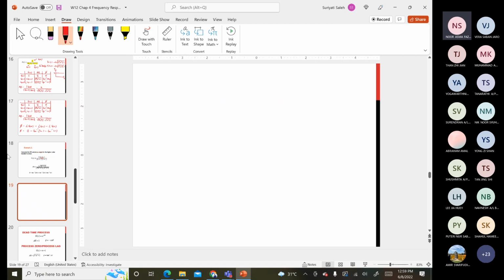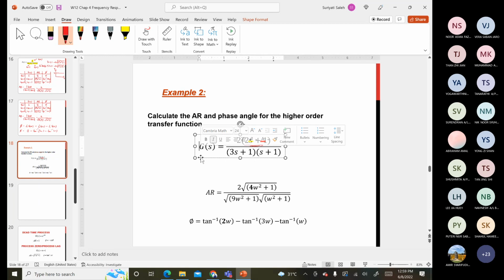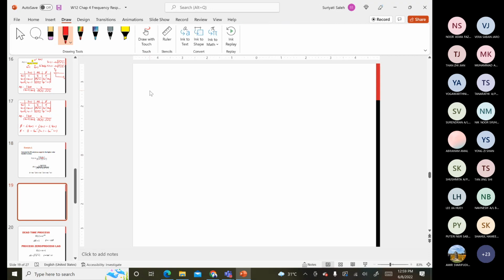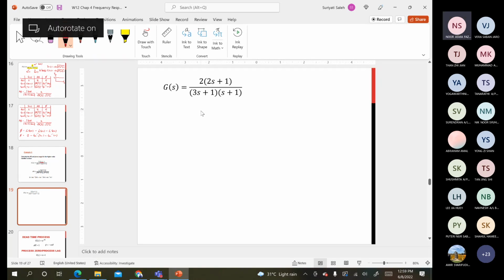So for this part, we have G as 2 over 2s plus 1 and 3s plus 1, s plus 1. The difference in this example is that we have another transfer function in the numerator.